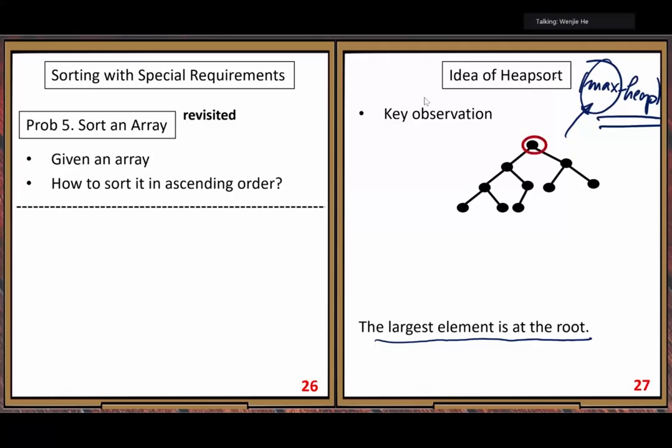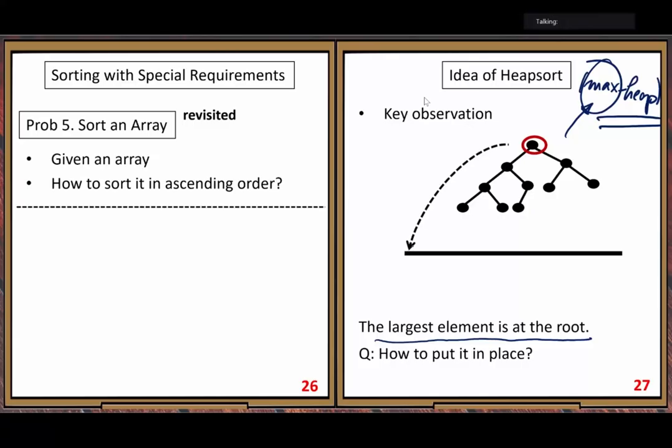First, after we get a max heap, let us put the maximum in place by one swap operation. Suppose this is our underlying array. The heap location for the root is the first element, right?